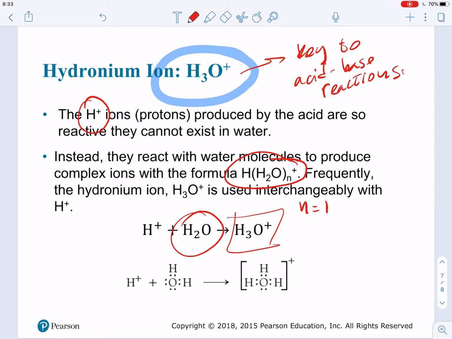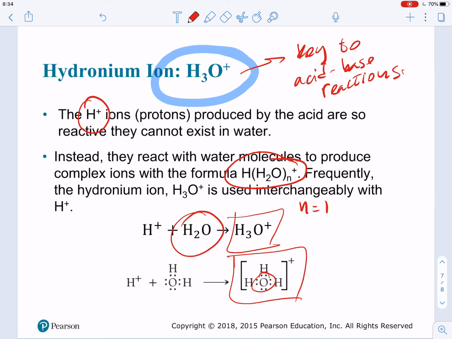Structurally, what you're seeing here is the oxygen surrounded by 3 hydrogen atoms, and that ion will have, again, if water is neutral and you are coming with hydrogen with a 1 positive charge, the resulting ion will still have 1 positive charge. But again, this is the most important ion in the whole acid-base chapter.